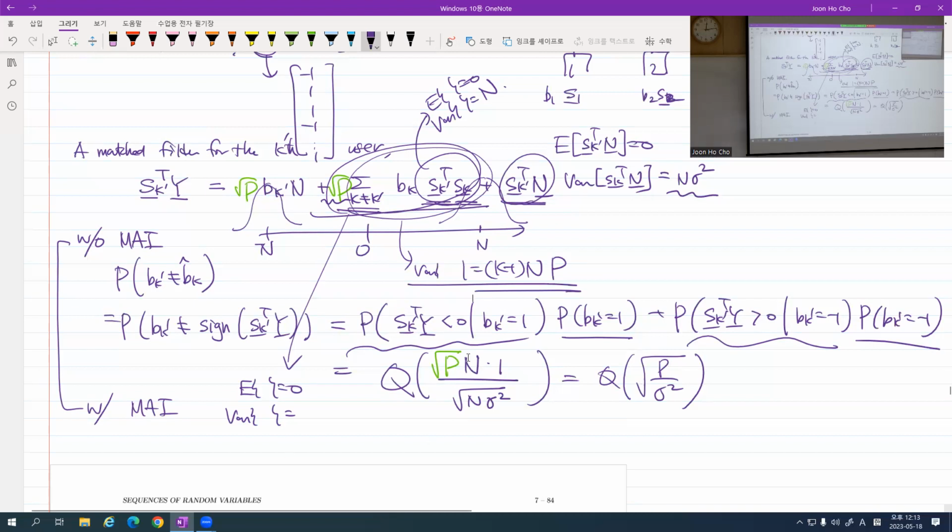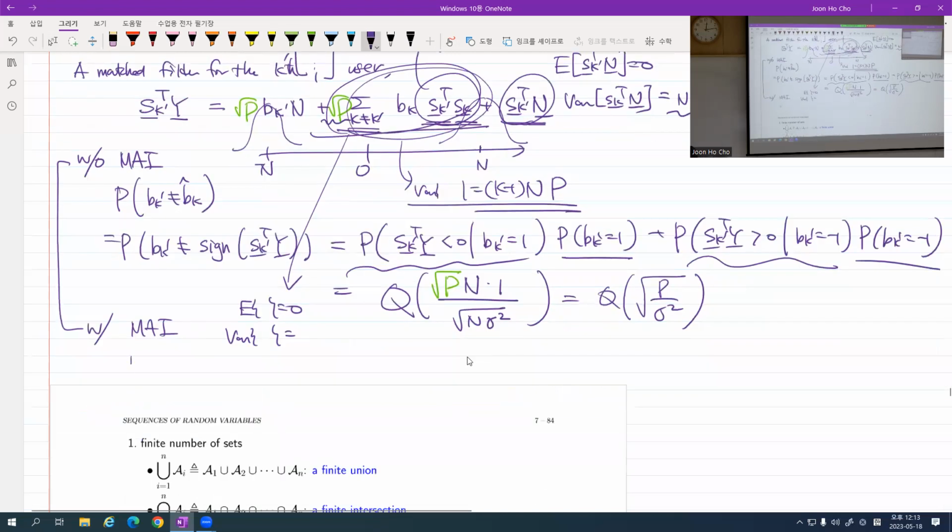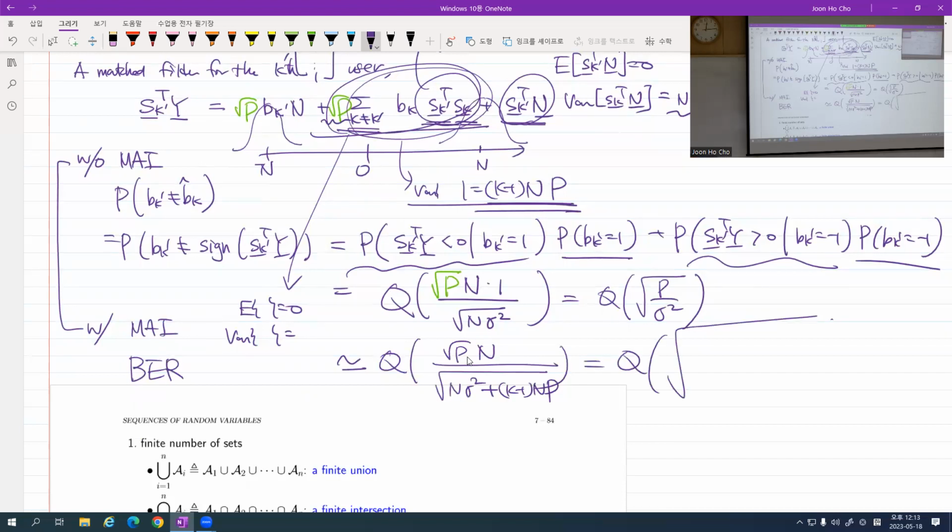So now you have probability of bit error approximately equal to Q of, here goes your desired part, and here is your variance, that is n sigma square plus this one. Let's put everything inside the square root, and you have Pn square, and you have n sigma square plus Pk minus 1. Now n disappears.